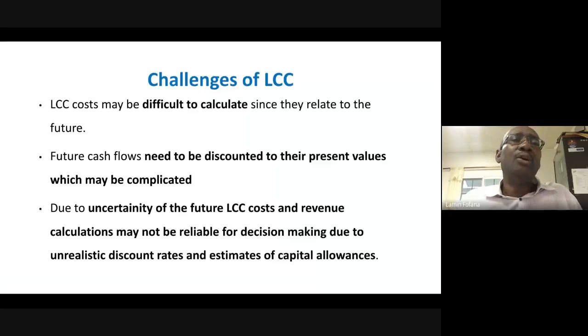Okay, and what will be the total cost in terms of materials, in terms of labor, in terms of overhead over the period of the product. Then you discount all of them to the present values, and then you'll be able to take a decision as to whether this particular product will be profitable. And in case you have to analyze more than one product, then you'll be able to choose which one to go for.